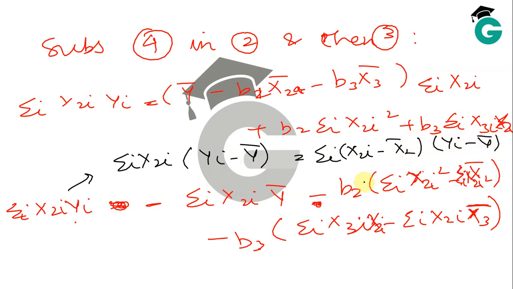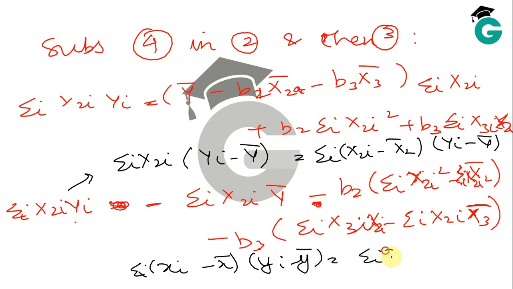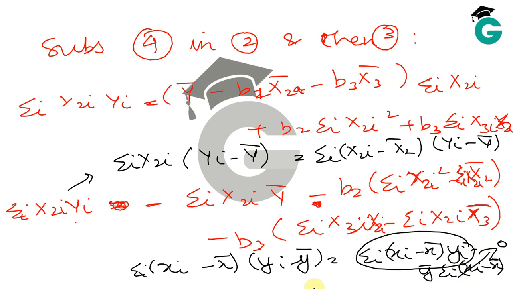Because recall that for any two variables x and y, I can write summation i (xi minus x bar) (yi minus y bar) as summation i (xi minus x bar) yi minus y bar times summation i (xi minus x bar), and that is nothing but the deviation from the mean, so it goes to 0, which means you are left with effectively only this.